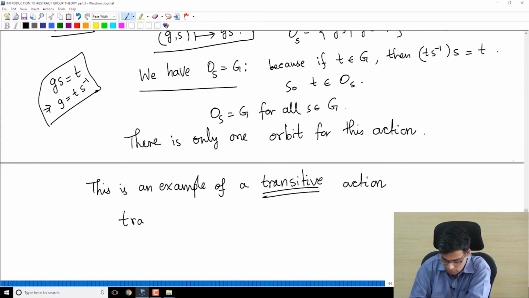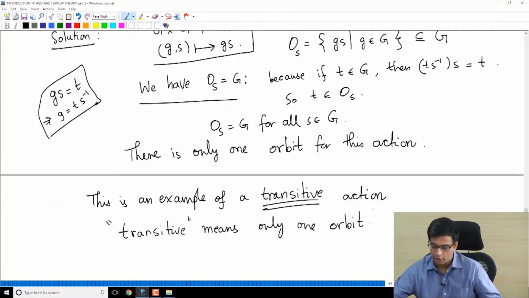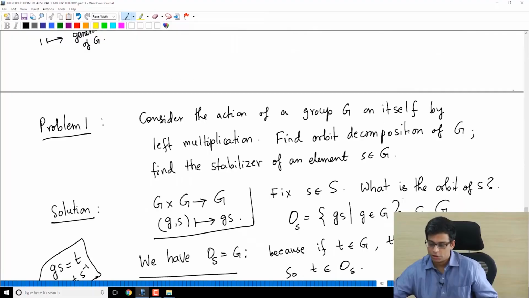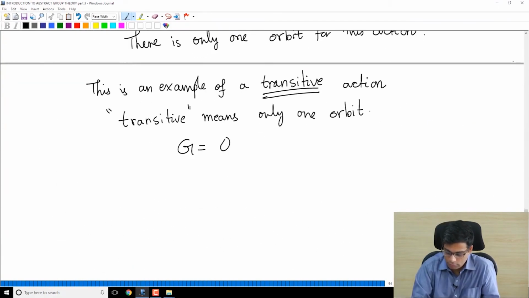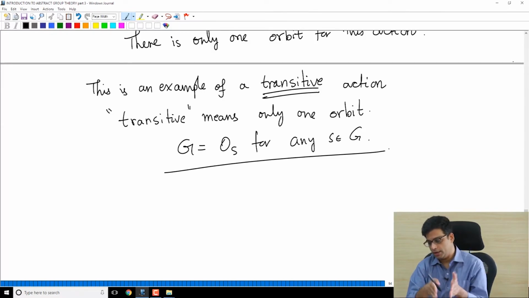Transitive means only one orbit. So this is the orbit decomposition. We have done the first part of the problem, right? G is equal to O_s, for any s. That's the orbit decomposition. It is in general a disjoint union of orbits, but there is only one orbit here.